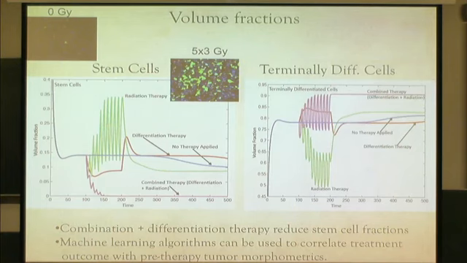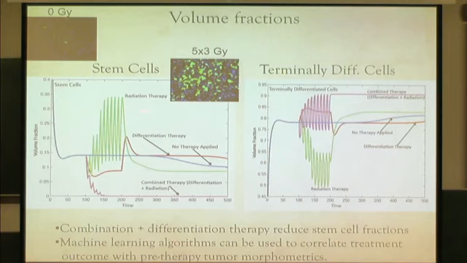This is the stem cell fraction as a function of time. Again, the blue is when you don't do anything. The green is when you do radiotherapy. And so you're going from something that's about 13%, and you drive it way up to over 30% when you're cycling, because you've relieved feedback and you're selecting for those cells.